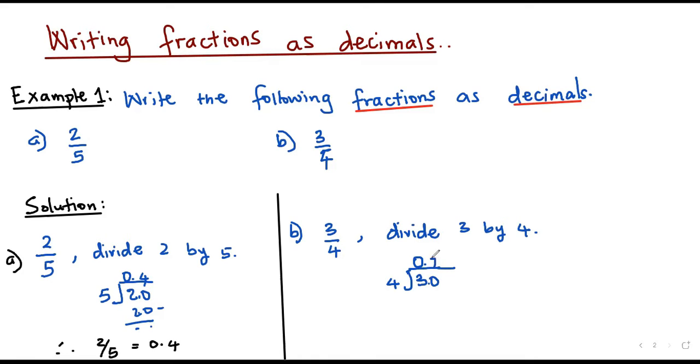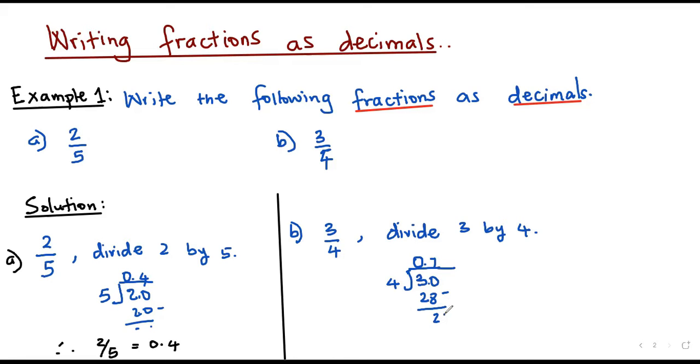Yes, you get 7, and 7 times 4, you get 28. Just consider it as 30 minus 28. What do you get? 2. And now, what is 2 divided by 4? Is it possible or not possible? Not possible because 2 is smaller than 4.